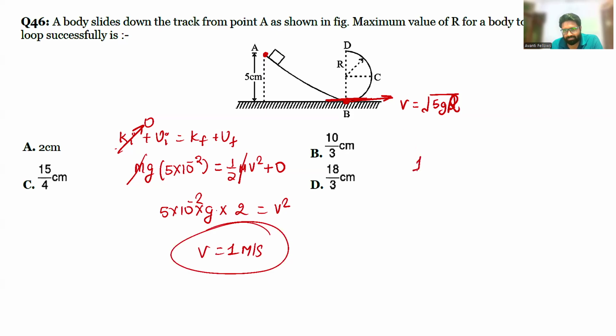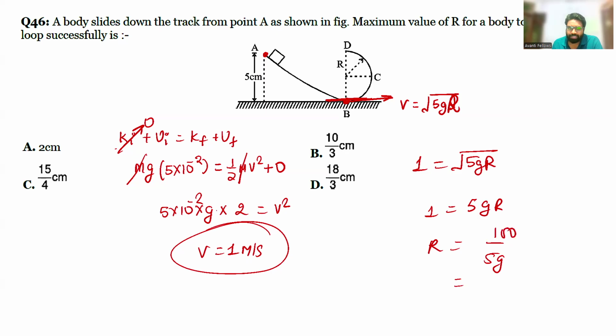You should equate this velocity with root 5gR. Taking the square of both sides, it is 5g into R. R will become 1 upon 5g. Now this is in meters, so converting it into centimeters, this will give you 5 into 10, and g has a value of 10, so it is 2 centimeters. So the radius of the loop must be 2 centimeters. Option is correct.